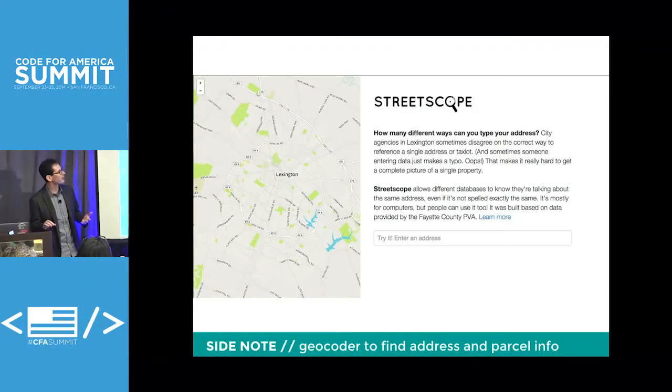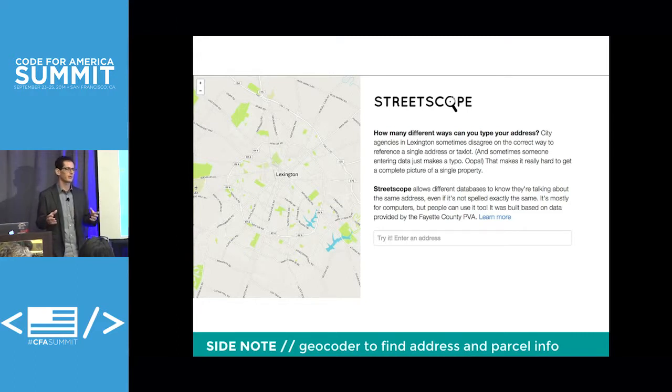A slight side note is that part of the work we did, which ended up being really useful and which we talked about a lot this week, was the geocoding during that process. We have our code enforcement over here, and it has address strings, and we wanted to take that address information and put it on a map, basically. There are lots of ways to do this. We found that we were able to create our own geocoder, which takes an address string like 123 Main Street and gives it a lat long on a map based on the city's open parcel information.